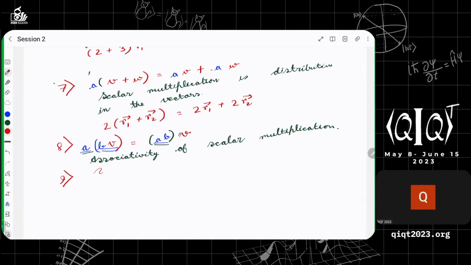And the final condition that it has to satisfy is that 1 times the vector should give me the vector again, where 1 is the unit scalar in F.